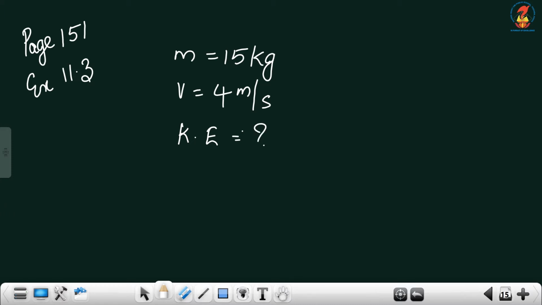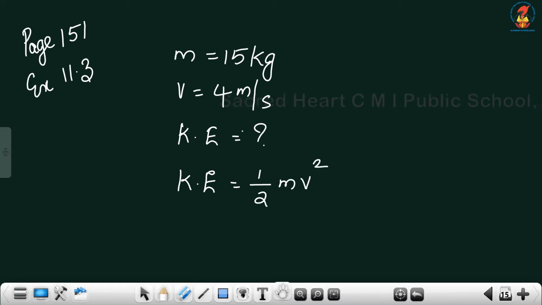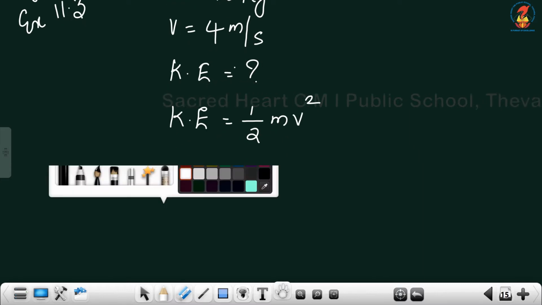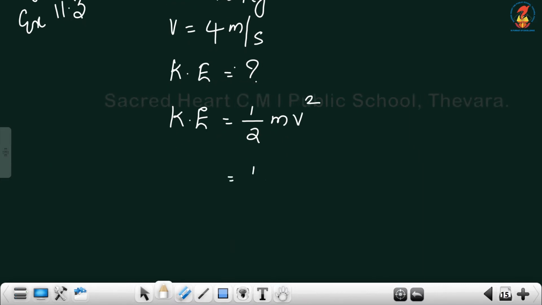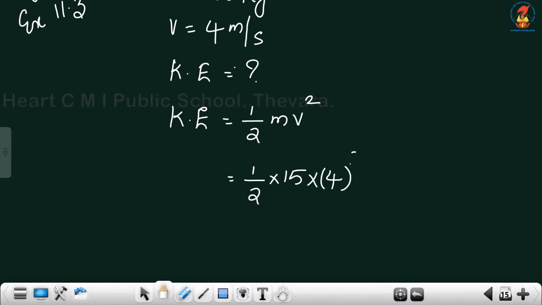What's the equation to find kinetic energy? Half mv square. So, we will write the equation that is equal to half mv square, that is half into 15 into 4 square, velocity square.